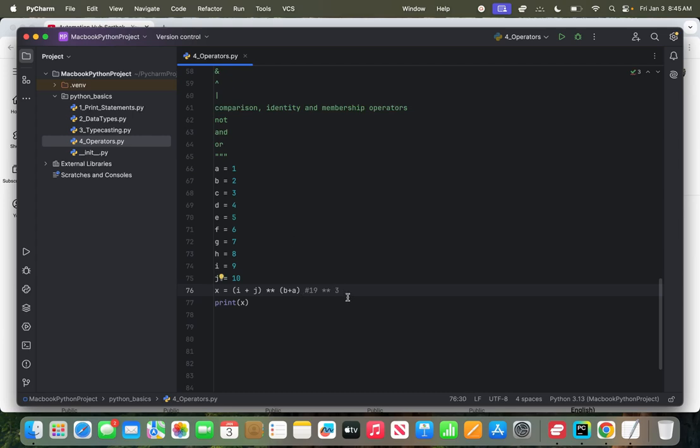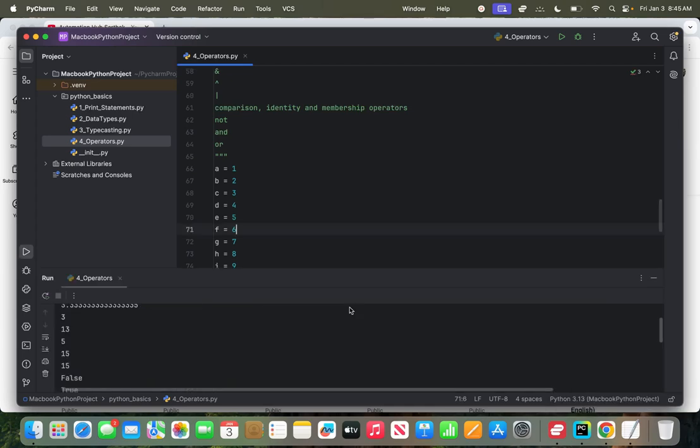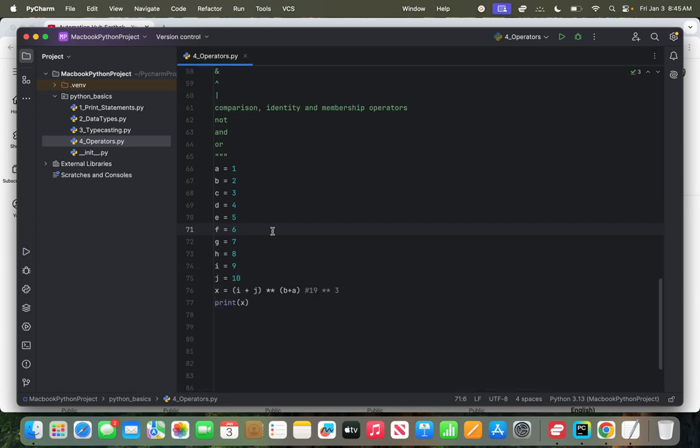So 19 to the power 3, which is 19 into 19 into 19. Some value, and it will be printed: 6859. Simple. So all these precedences will work.